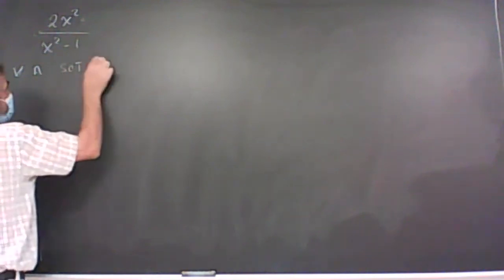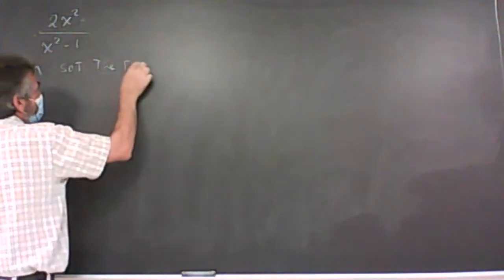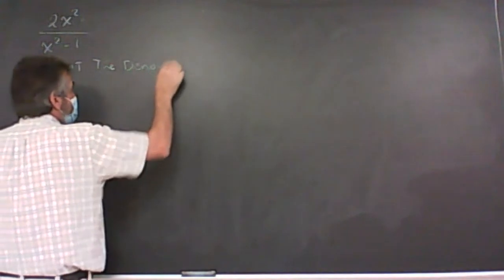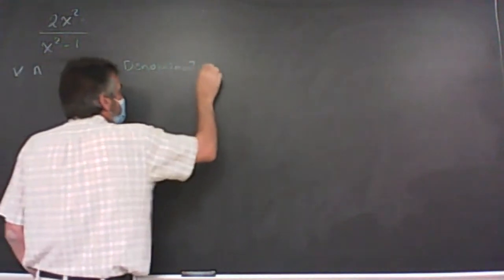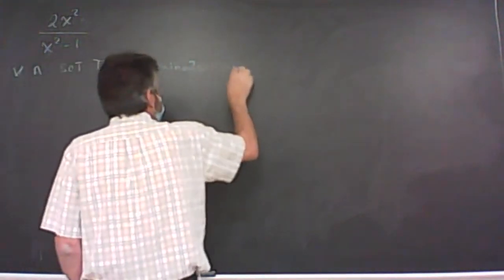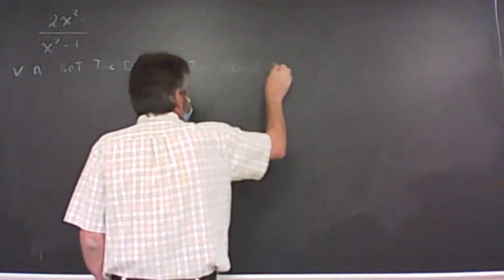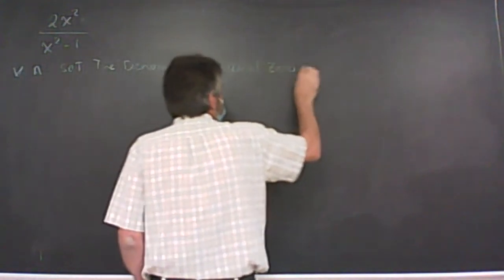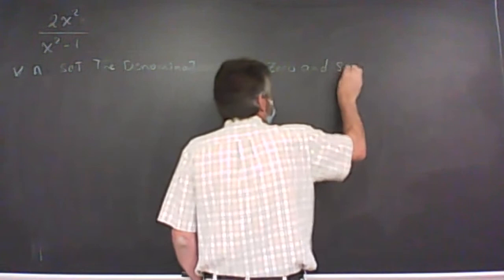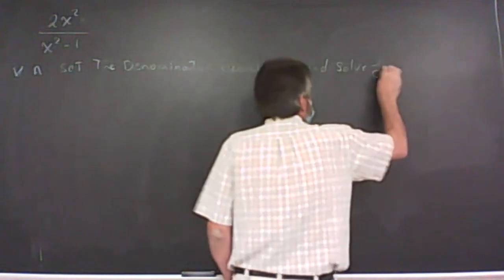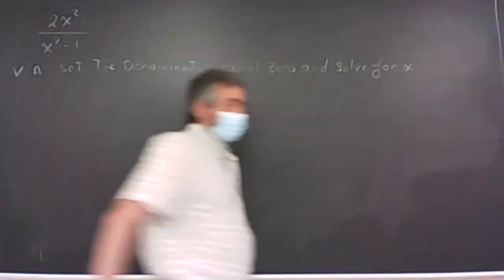For vertical asymptote, set the denominator equal to 0 and solve for x.